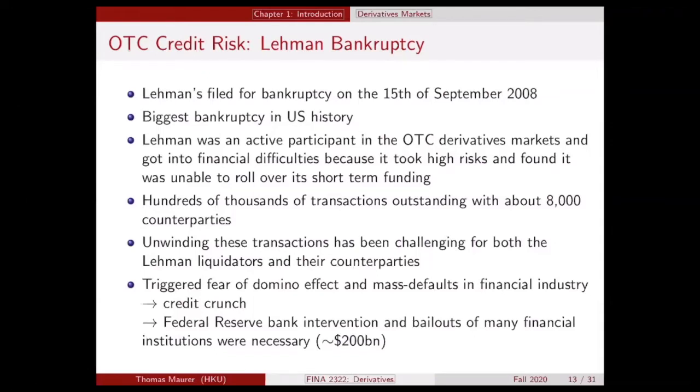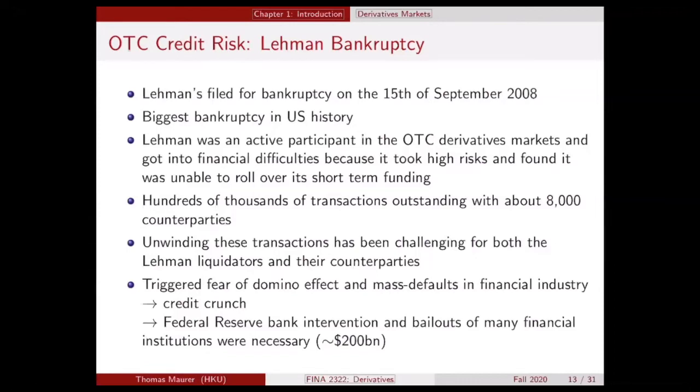And just to illustrate the importance of this credit risk in over-the-counter traded markets, we want to look at the example of Lehman Brothers. Lehman Brothers was one of the very big financial institutions before the global financial crisis in 2008. Lehman Brothers was really a corporation which you can compare to Goldman Sachs, for example.